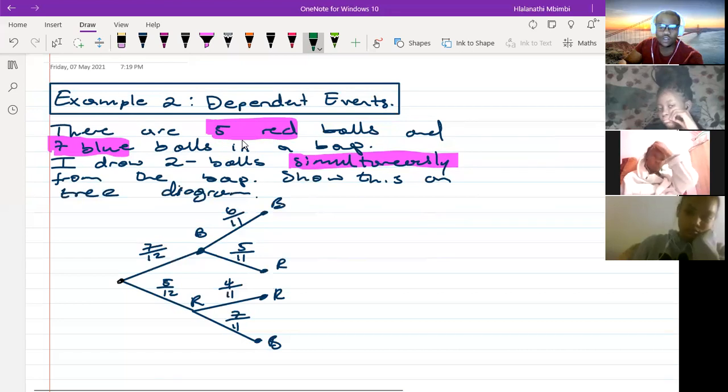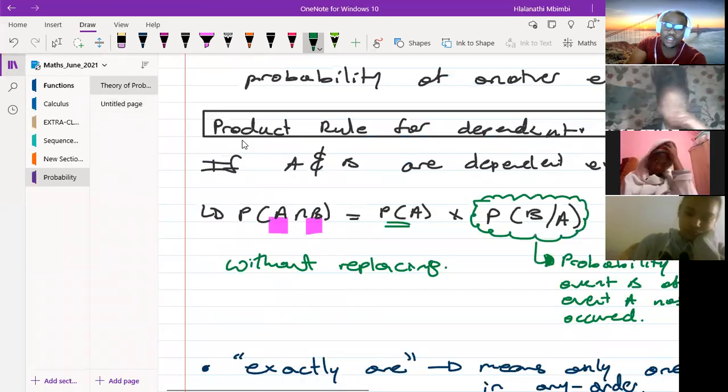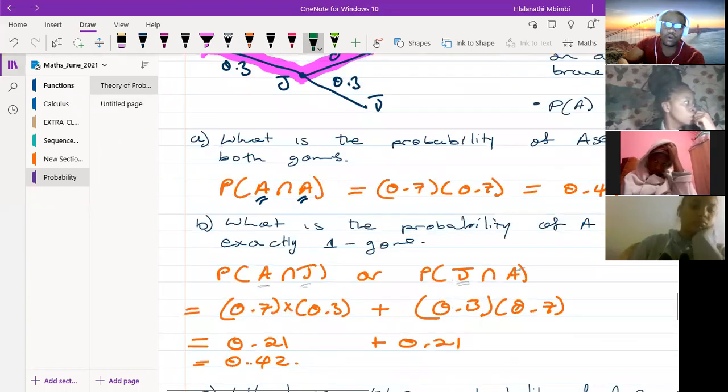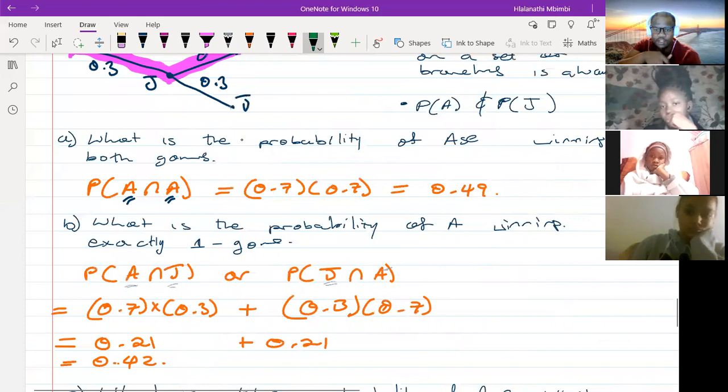If you go back to the questions we had just now, they could ask what is the probability of us drawing exactly one ball, or what is the probability that we draw at least 2 balls, or what's the probability that we don't draw a red ball? Those questions can be asked again.